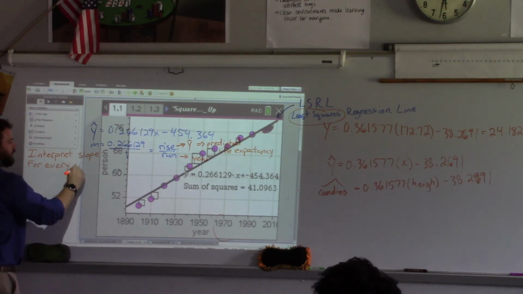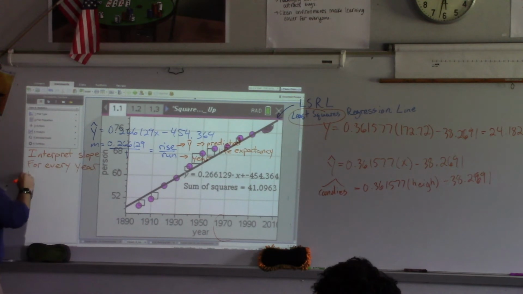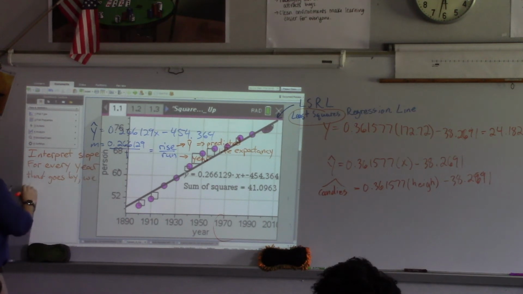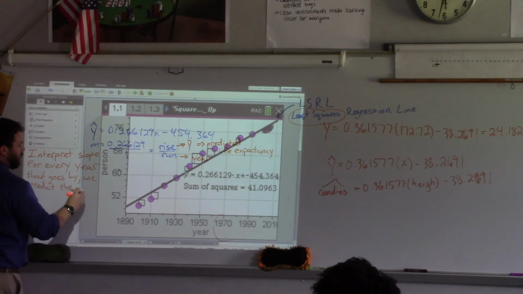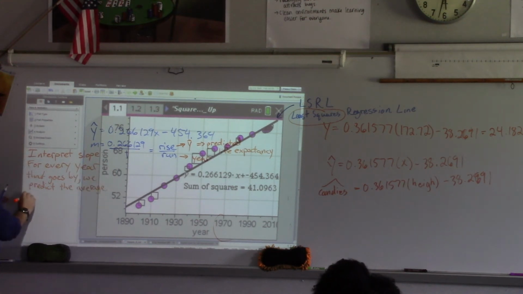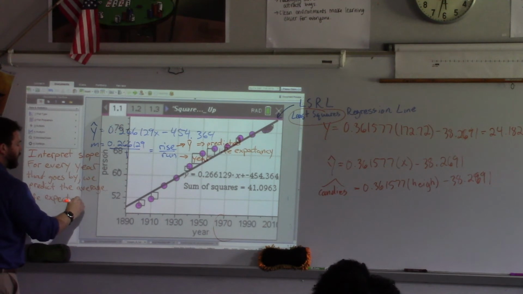So for every year that goes by, we predict the average life expectancy to increase or decrease? Increase. Why is it increasing?